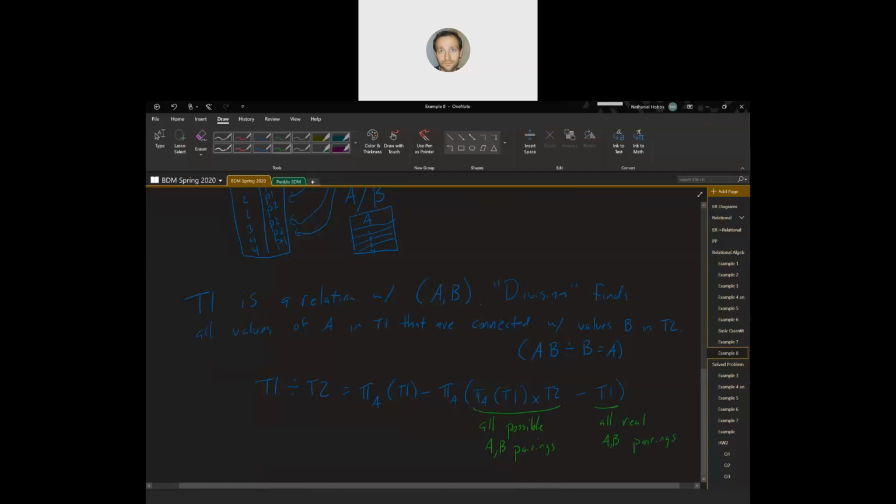So this is what this query is really about. You first come up with all of the possible pairings and you remove from it the ones that actually exist.